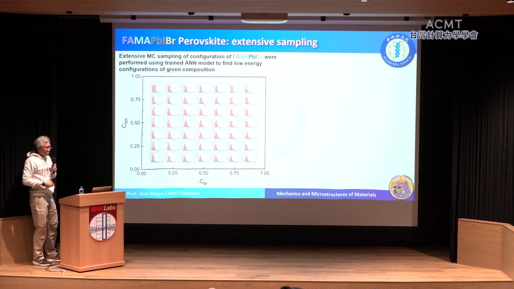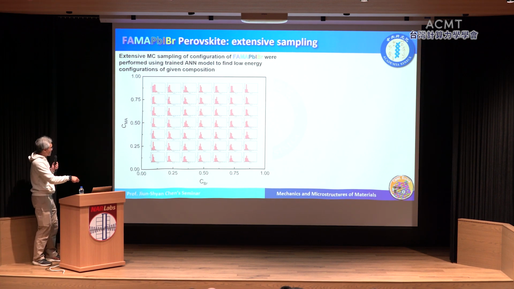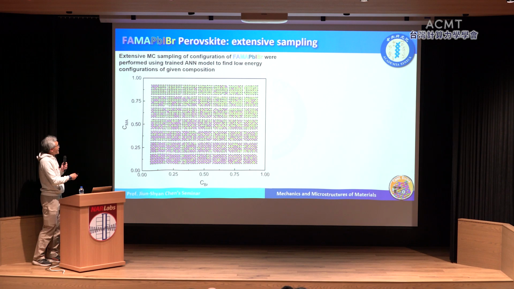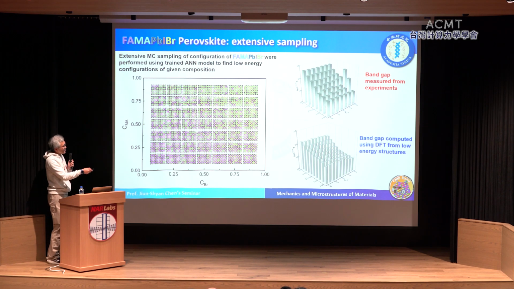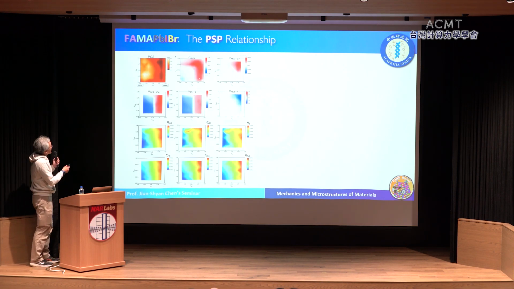So we can use it to do extensive sampling over the compositional space. This is the concentration of chromium, and this is the concentration of methyl ammonium. Then we can isolate all the low energy structures and use them to compute the band gap and compare with experiments.